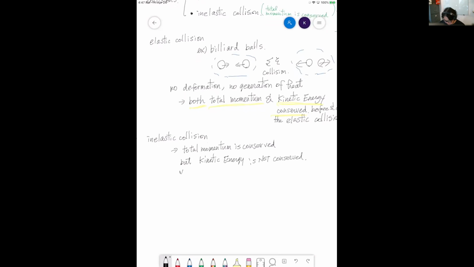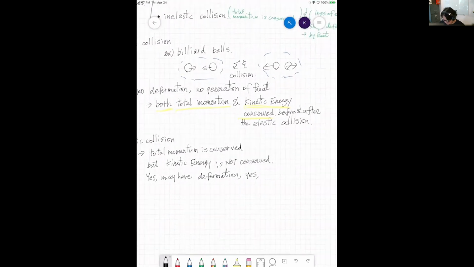So you may have a deformation, you may have heat generation.